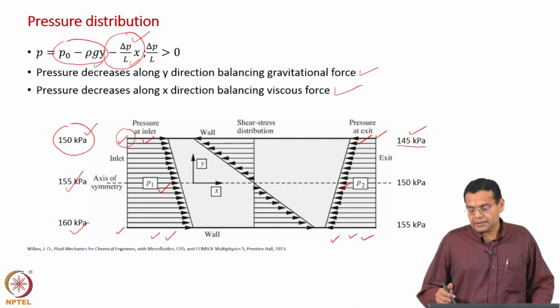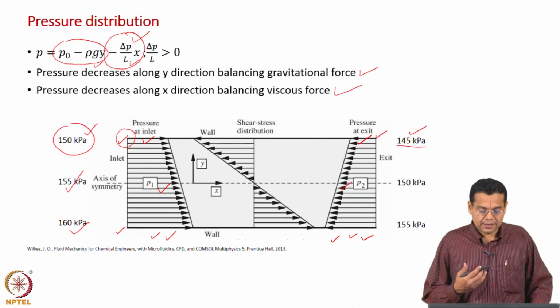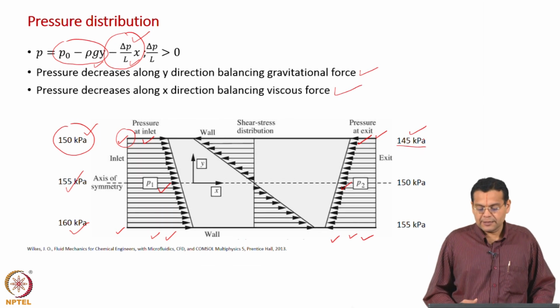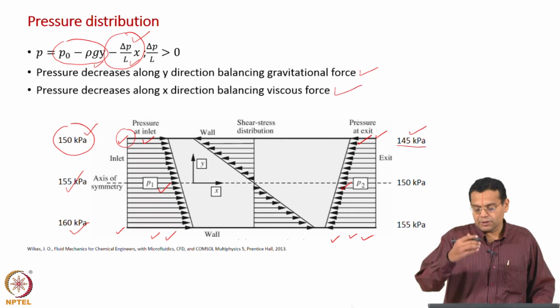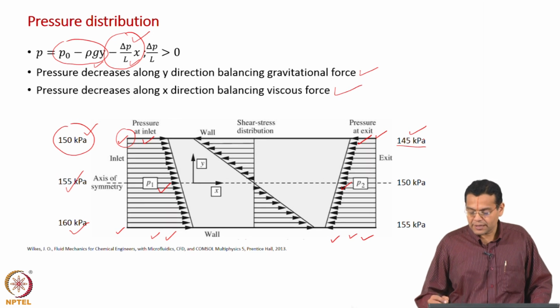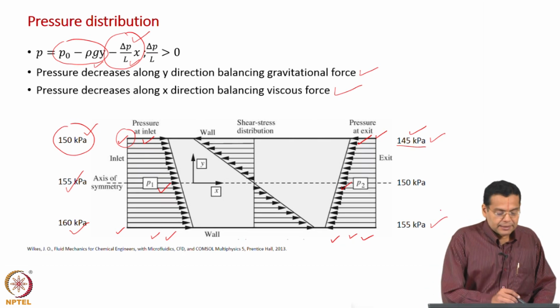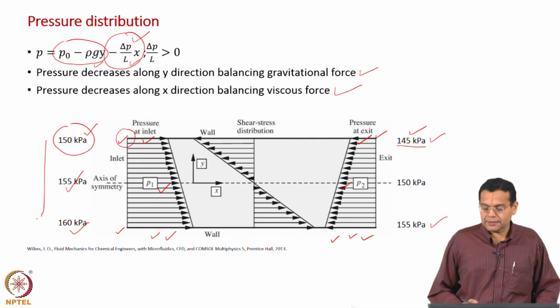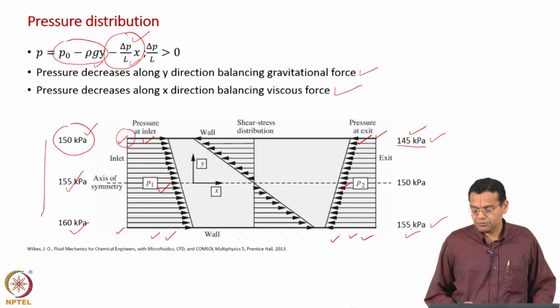Now, at the exit also we have seen at any x position, pressure increases if you go down. So, here again at the top it is 145 kilopascal, at the bottom the same 10 kilopascal increase should be there, and that is why this pressure is 155 kilopascal. Once again the pressure variation is linear, and so this pressure is 150 kilopascal.